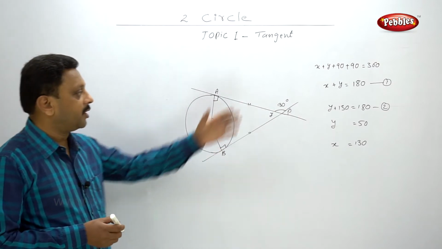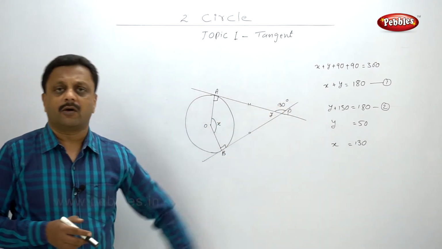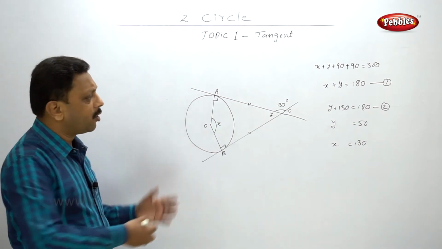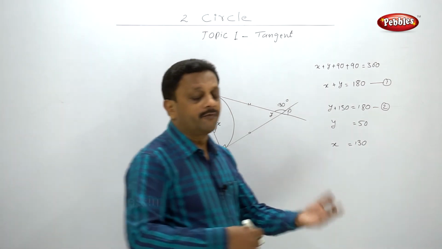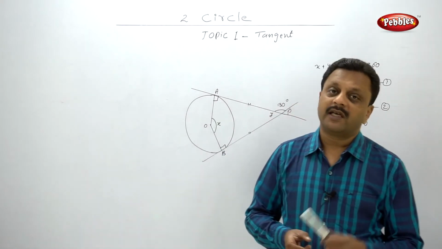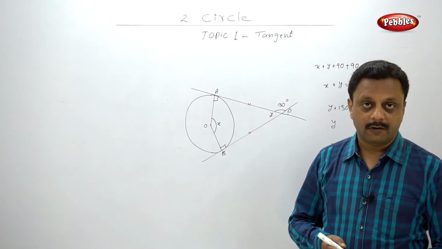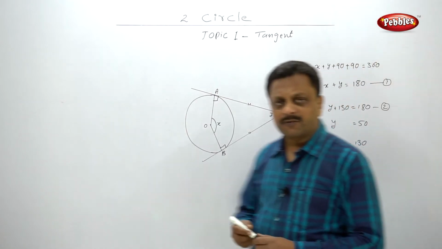And then you have to solve. But here it is very easy to solve, easy to write, and easy to understand, because this problem is quite easy. But later on, when complicated problems come, then it is a real problem to write the names of the angles. Okay, so this was a very simple problem.